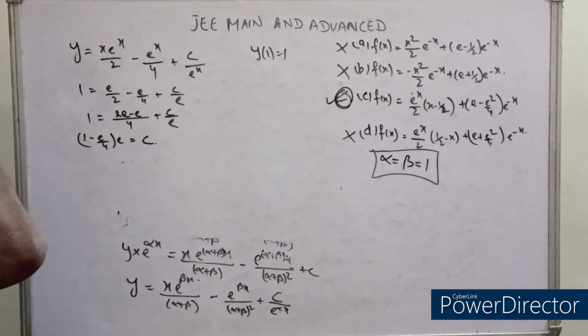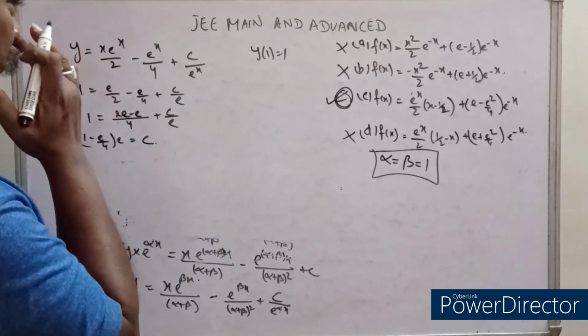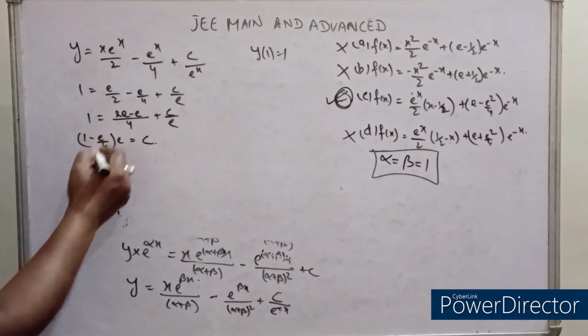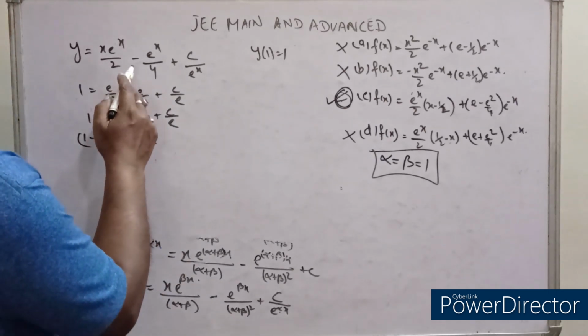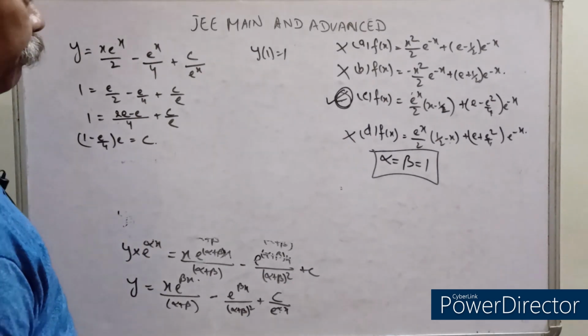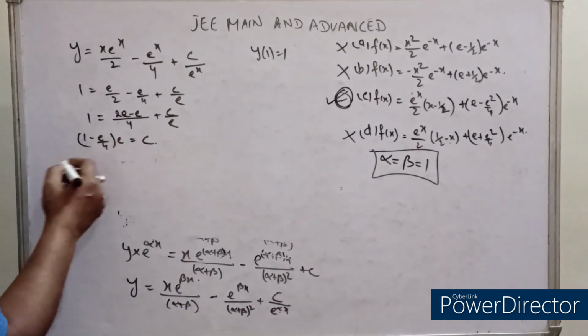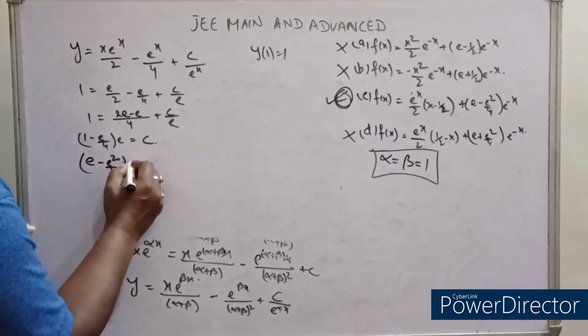This is the value of c. So if I place the value of c here, what I am going to get is c equal to e minus e square by 4.